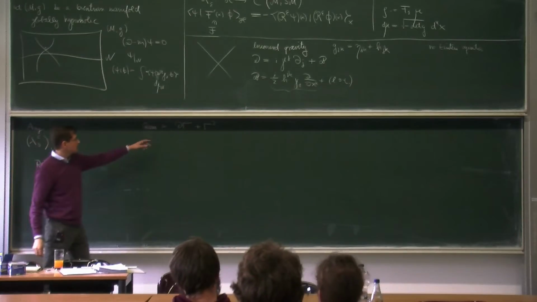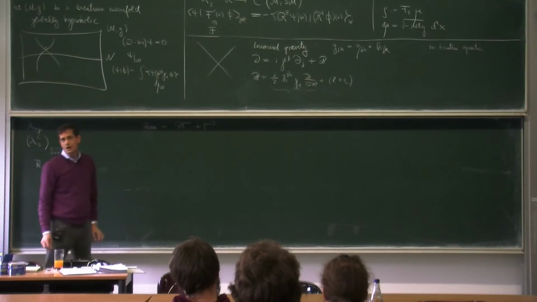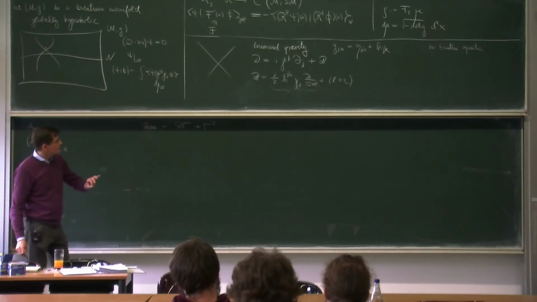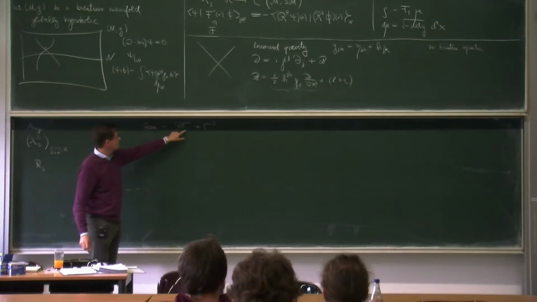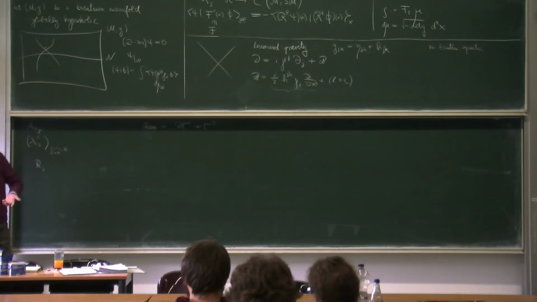Then you can expand this in powers of the metric, or of this h. Once you know the first order terms, the others are determined. So it's determined up to higher powers in the curvature.